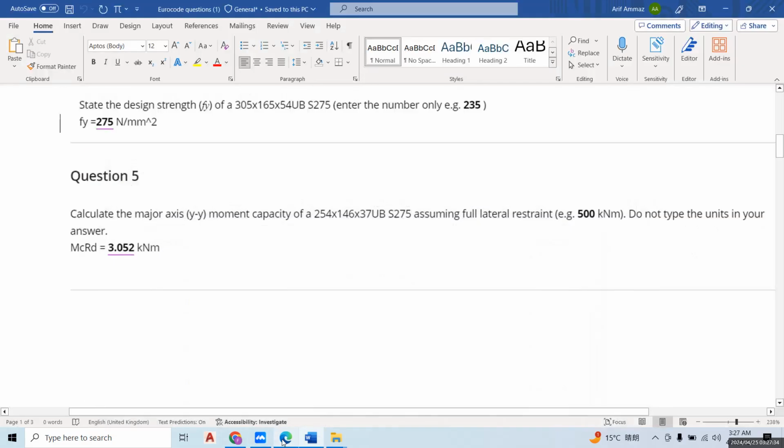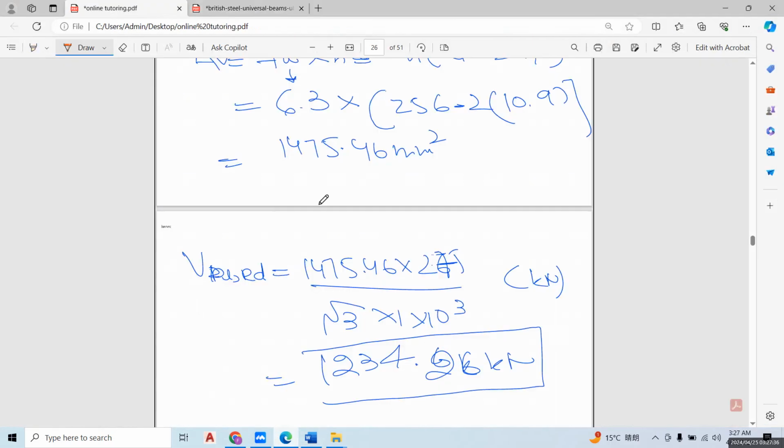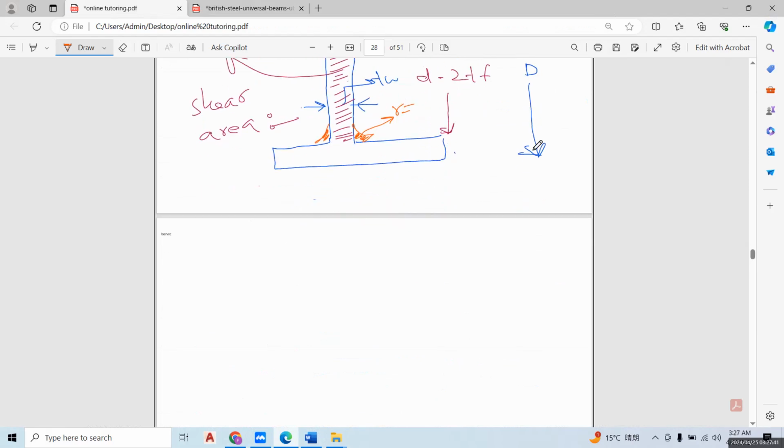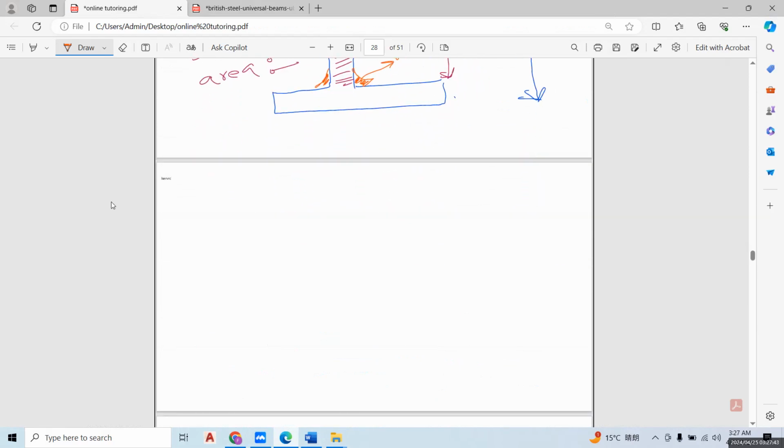So what you need to do is find the capacity of the section.